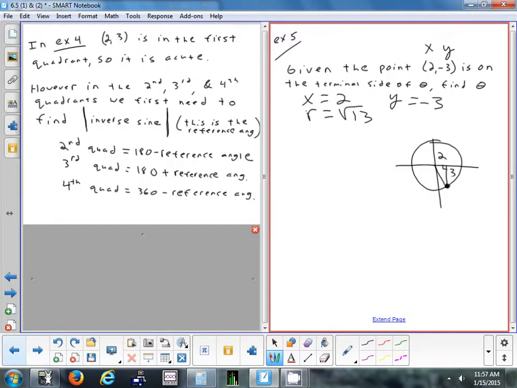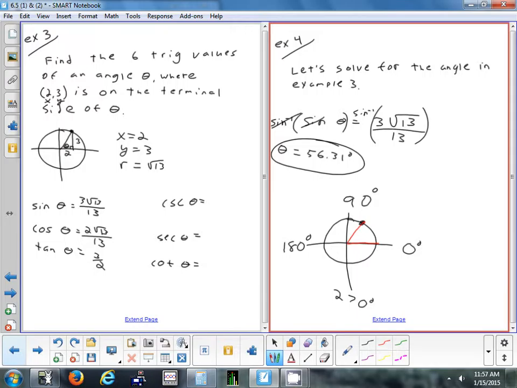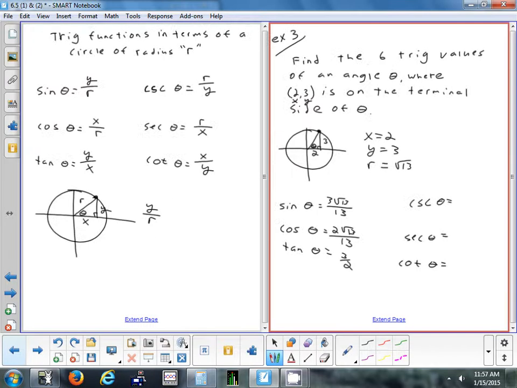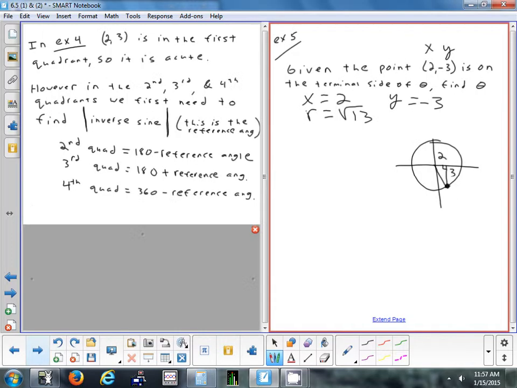Plug those into your formula. Right here. Y over r. So sine of theta equals y over r. Again, don't use cosine or tangent to find the angle.